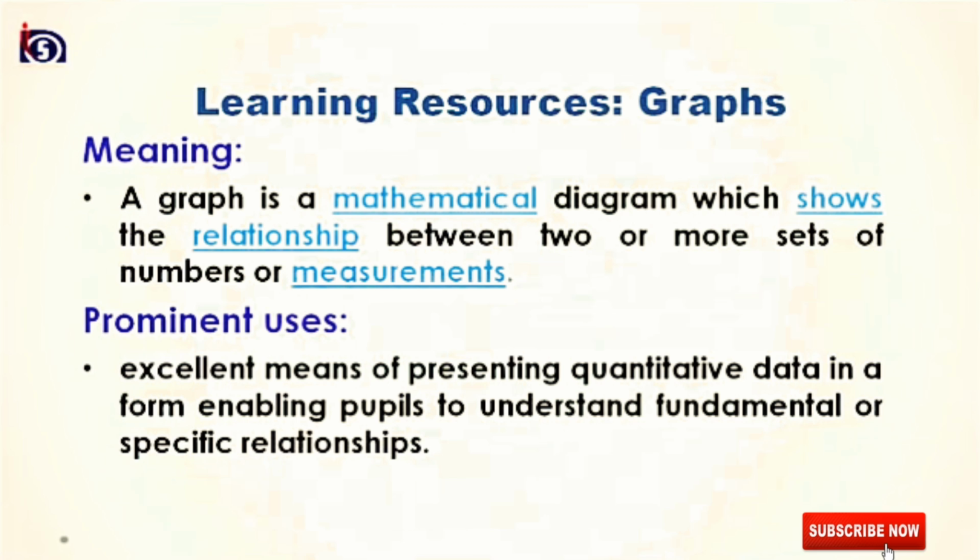The prominent uses of the graph are: graphs are excellent means of presenting quantitative data and enabling pupils to understand fundamentals or specific relationships. Through graphs, we can easily communicate the relationship between two sets of measurements to our pupils, all the learners.